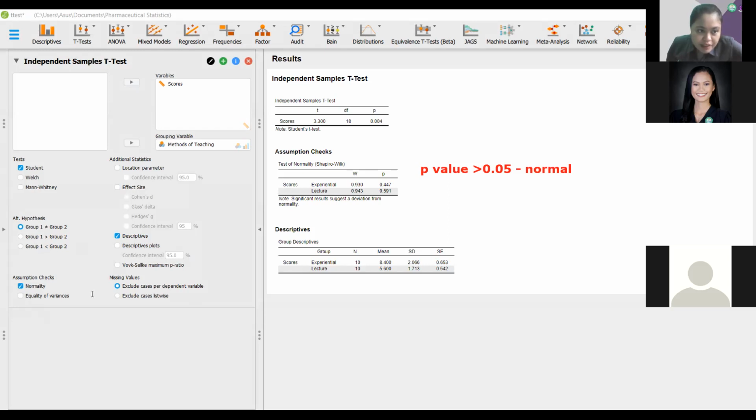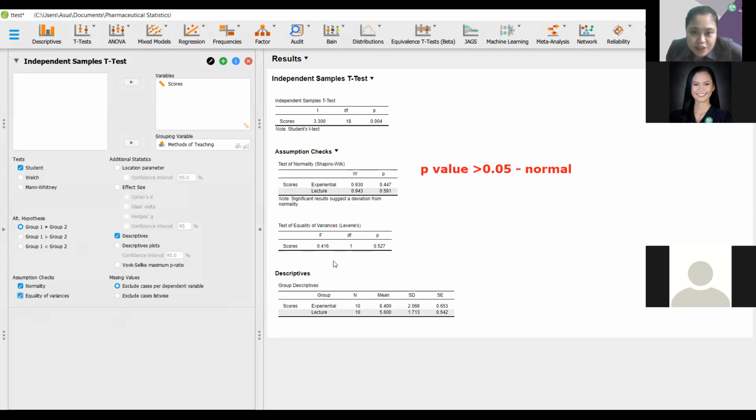Now, for the equality of variance, this is the second assumption, because the variances of the two groups should be equal. The test for equality of variances is called Levene's test. We are still looking at the p-value. If the p-value is also greater than 0.05, then yes, there is equal variance among the two groups.